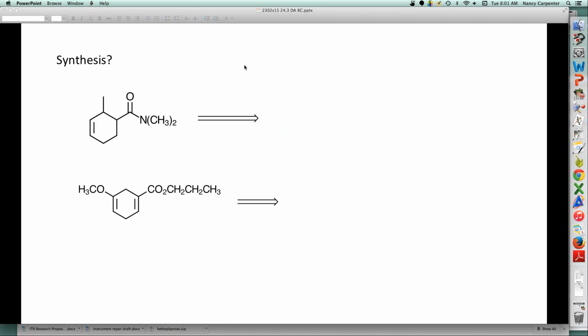Now, how about this one? It's a little bit trickier because it's a cyclohexadiene. So I've got two choices here.